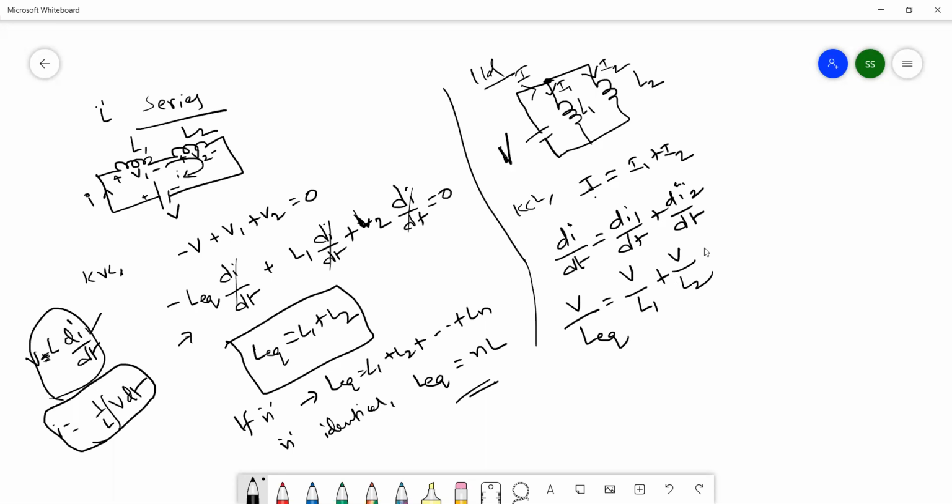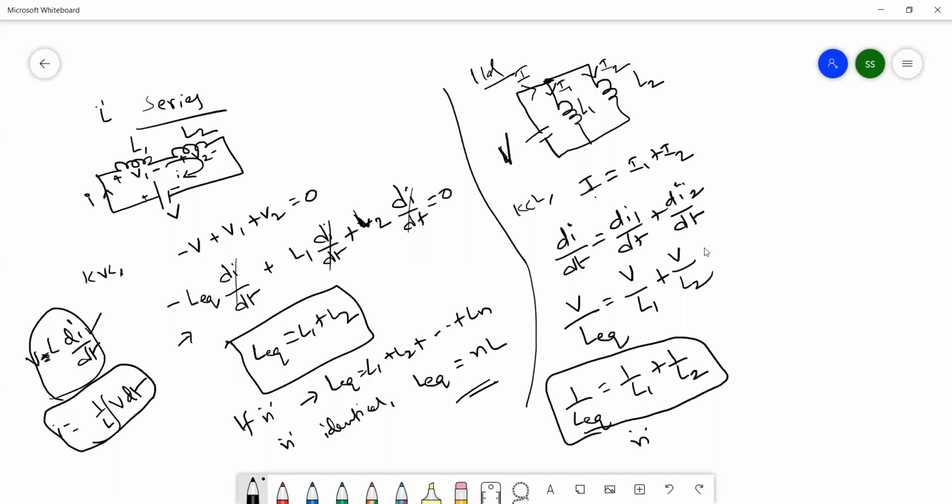Taking V as a common factor and cancelling on both sides, 1 by L equivalent equals 1 by L1 plus 1 by L2. Similarly for N inductors, 1 by L1 plus 1 by L2 plus so on up to 1 by Ln. If N identical, L equivalent equals L by N. Very good.